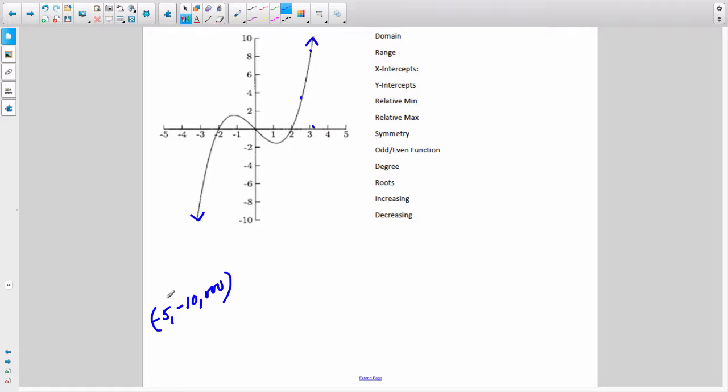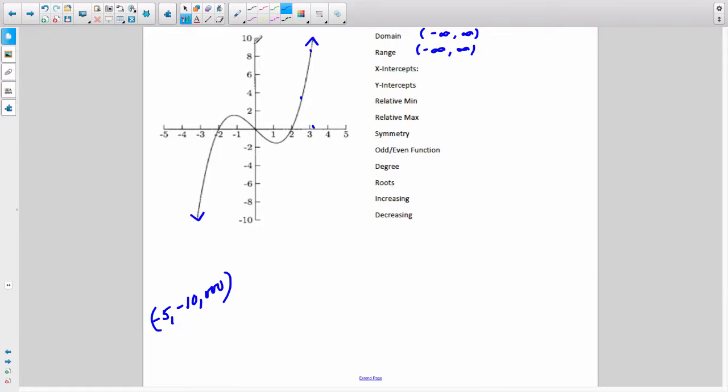And that's what you need to know. These arrows mean they go forever, down to the left, up and to the right. So when you say domain, we're going to say soft bracket, -infinity, +infinity. The range, -infinity, +infinity.